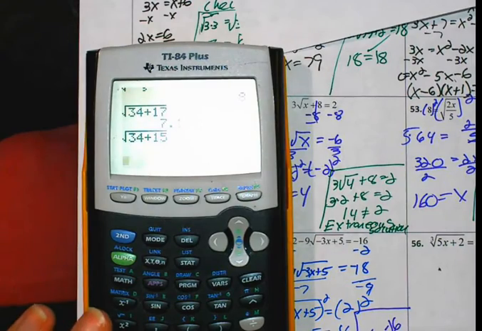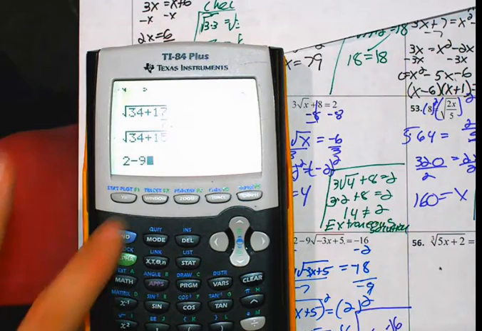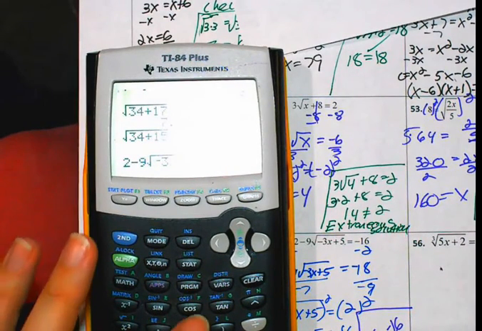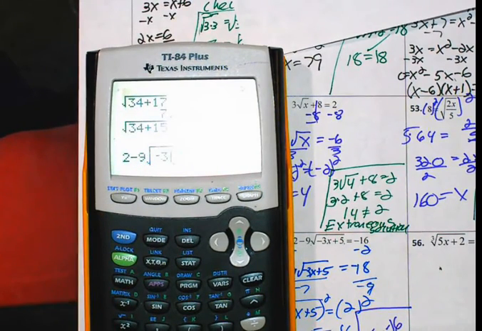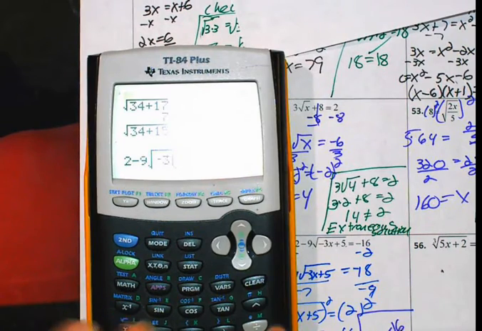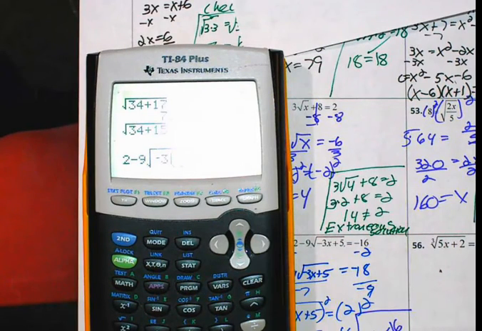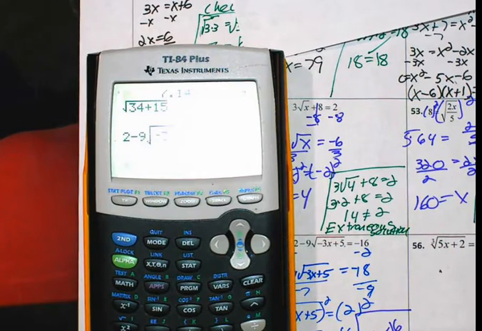I have at least the left-hand side: 2 minus 9 times the square root of negative 3 times 1/3, because I want it to look like a fraction, arrow out and close my parentheses, plus 5. And we want all of that to equal negative 16. Oh, it equals negative 16. Negative 16 equals negative 16. So it checks out.